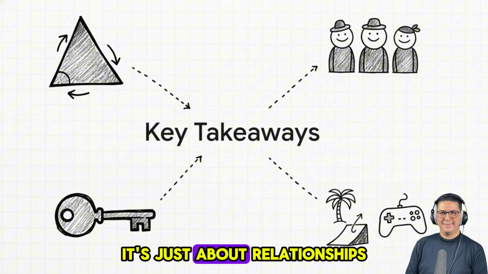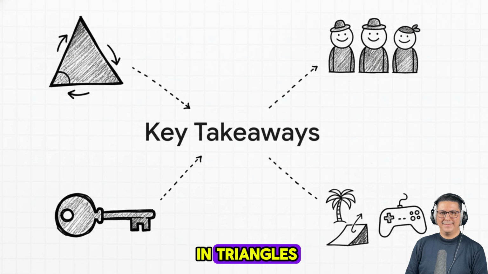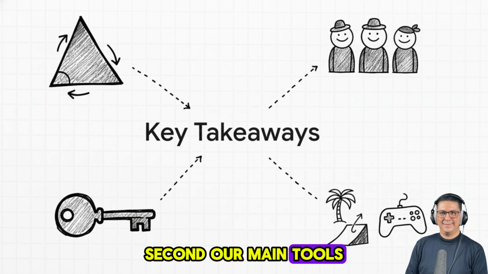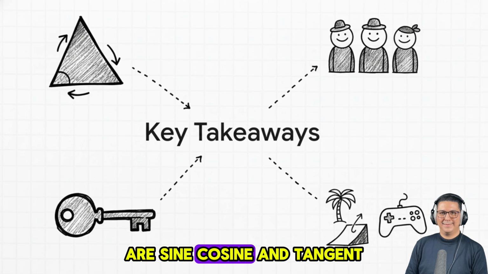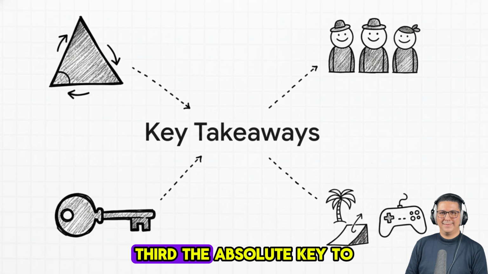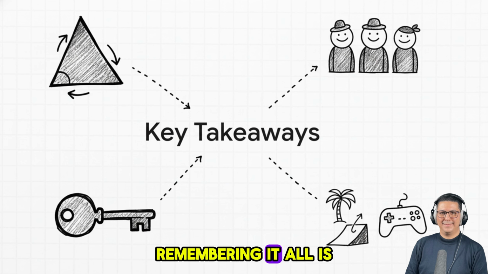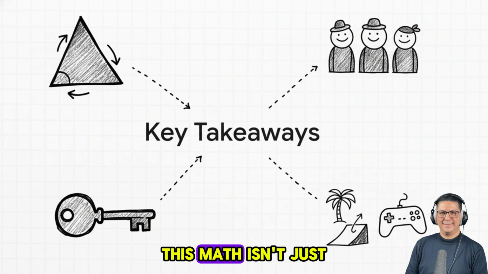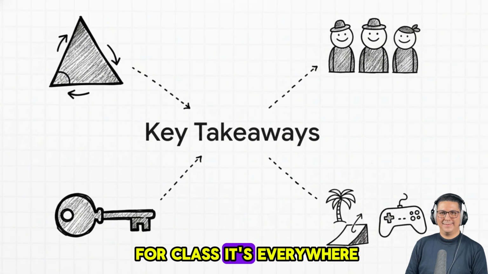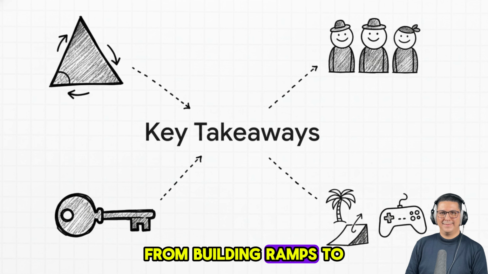It's just about relationships in triangles. Second, our main tools are three amigos, our sine, cosine, and tangent. Third, the absolute key to remembering it all is that magic word, SOHCAHTOA. And finally, this math isn't just for class, it's everywhere, from building ramps to creating video games.